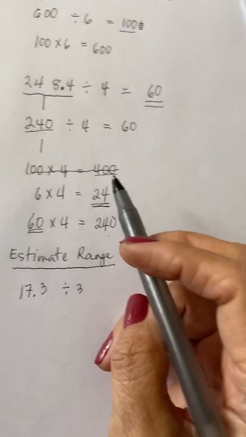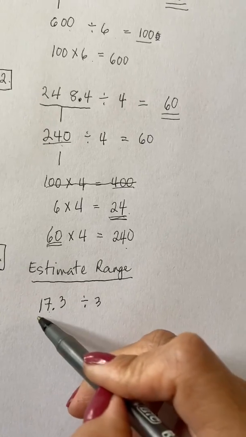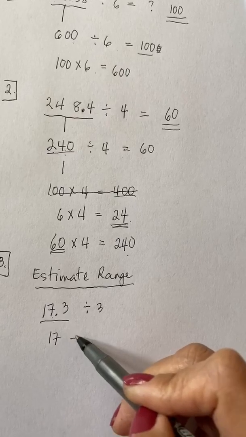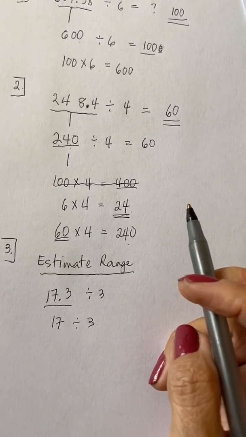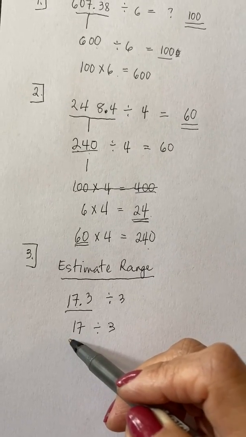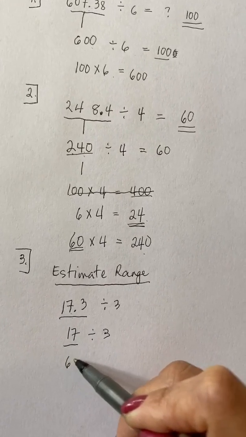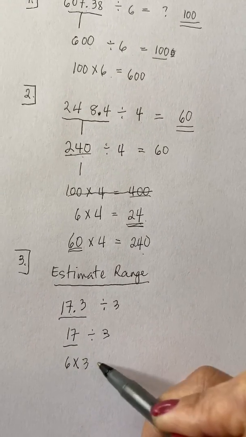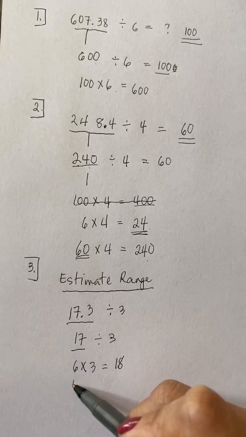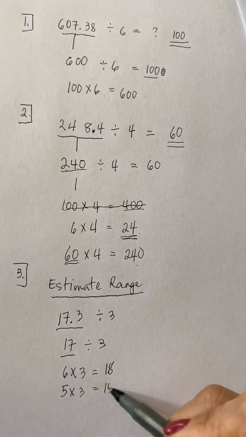So 17, I will say 17 divided by 3. So, going back to my multiplication table, I can say 17, I will have 6 times 3, that will be 18. Or I can have 5 times 3, which is 15.